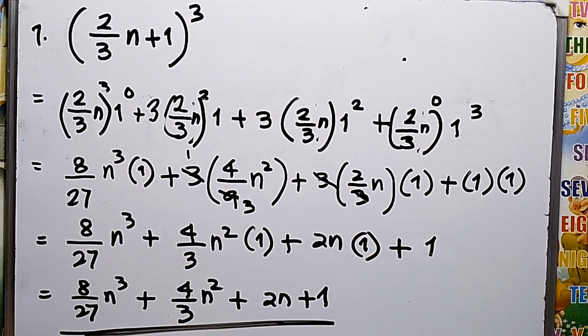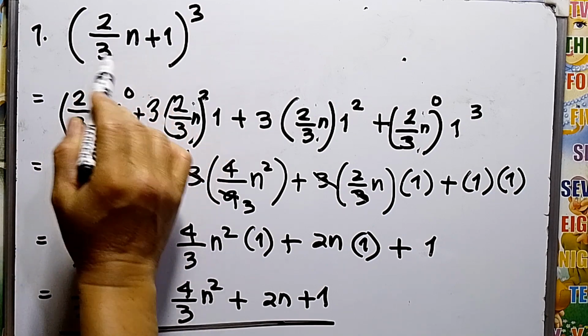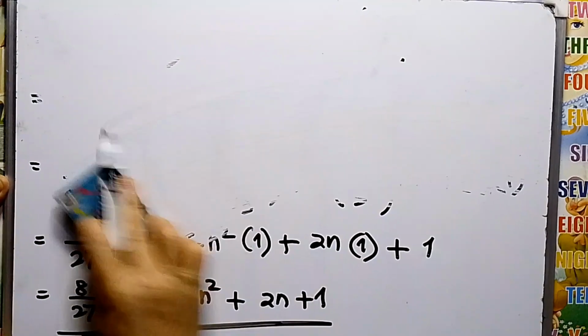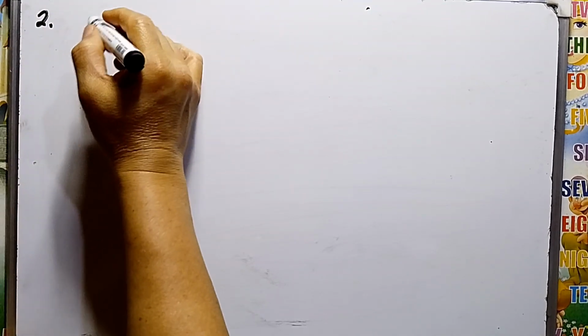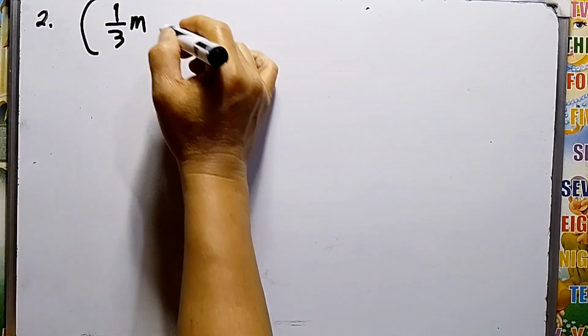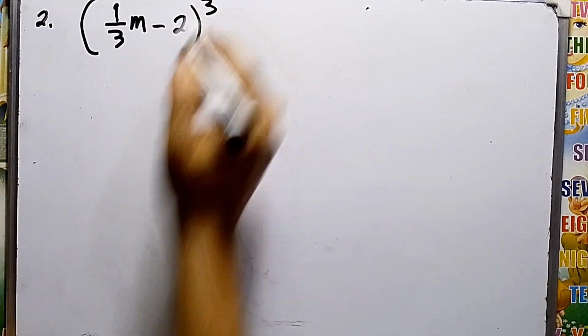Now let's proceed to number 2, the opposite, the difference, but still the cube of a binomial. Take note, when you say cube of a binomial, there are two terms, first term and second term. So let's proceed to number 2. Number 2 is 1/3 m minus 2, cubed.